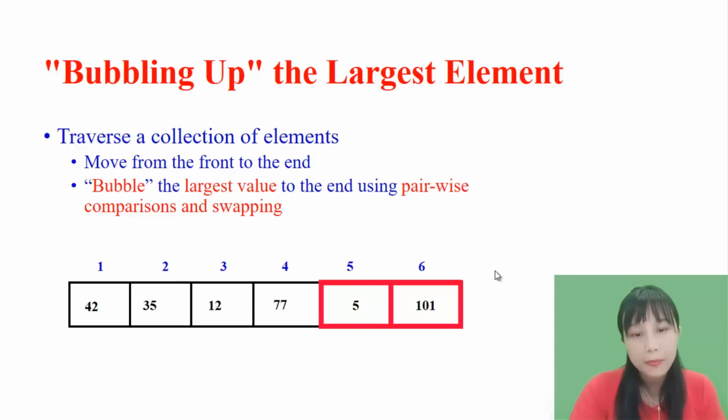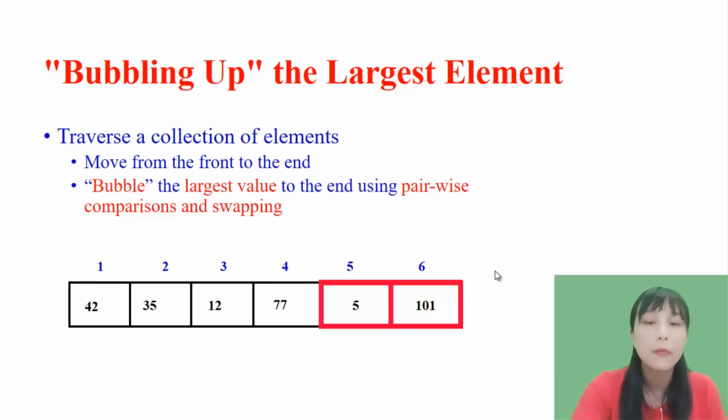And what will happen as a result of this process is 101, which is the highest number, will go towards the end. That's why this is called bubble sort.